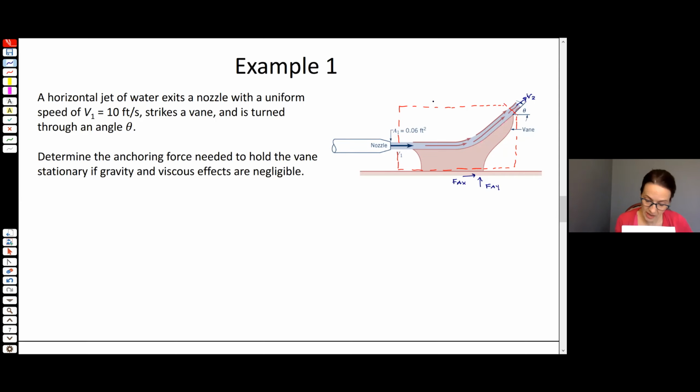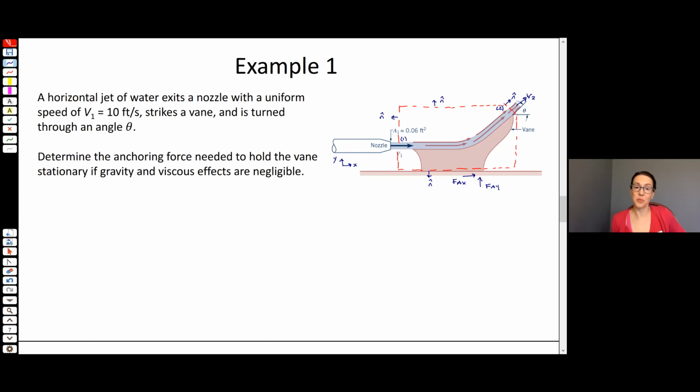Keep in mind, again, that the unit normal is facing outward everywhere at every surface of this control volume, right? And I think that's all we want to note for now. We'll just note the X and Y directions and just mark that this is section 1 here and this is section 2, the exit.